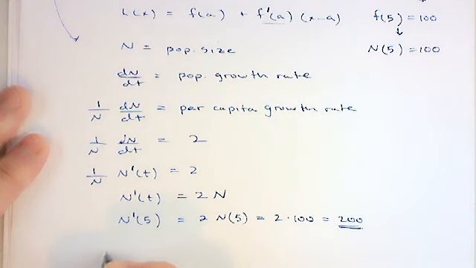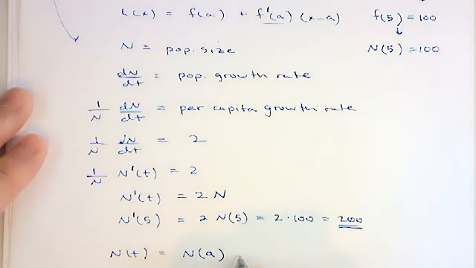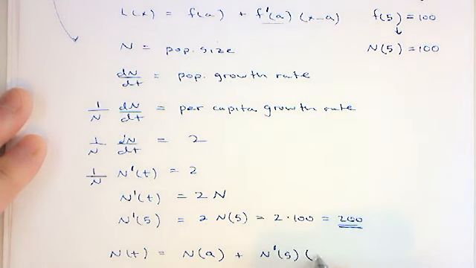All right, let's rewrite. I started writing L of x, but let's rewrite it in the context of this problem. For our linearization, we want to know the population at time t, which is going to be n of some nice number, namely 5, plus n prime of 5 times t minus 5, or t minus a.